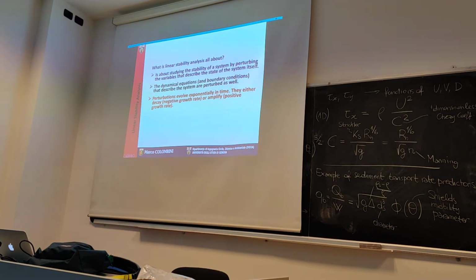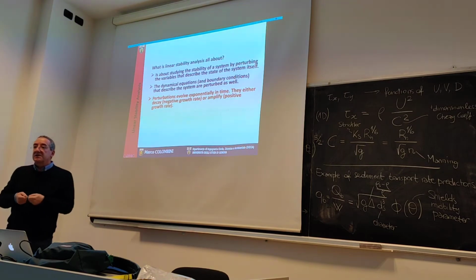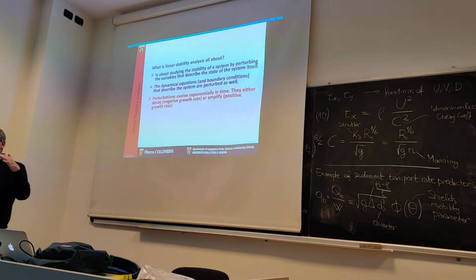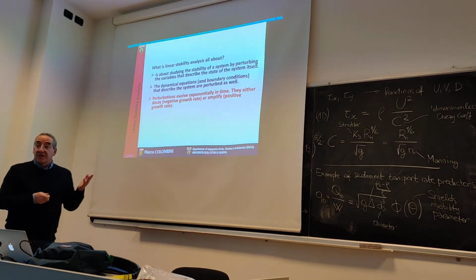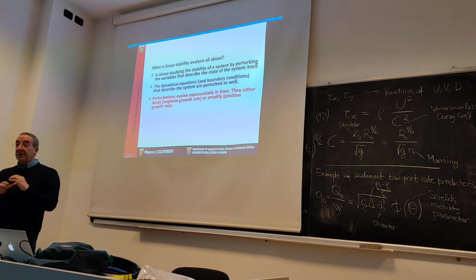As soon as they increase exponentially, at some moment non-linear effects, which are the ones that you ignore in linear stability analysis, become important and lead you to a steady state, which is the one that you observe in the lab and in the field. What you observe are patterns which have a finite amplitude.